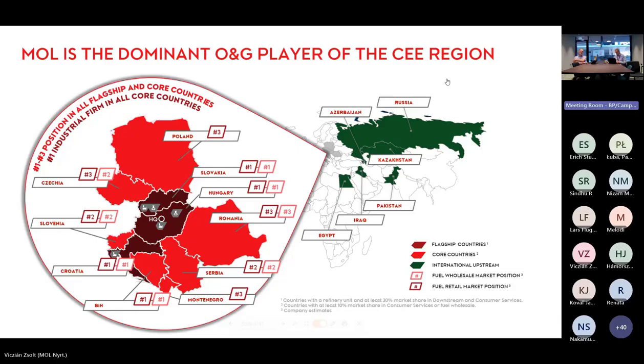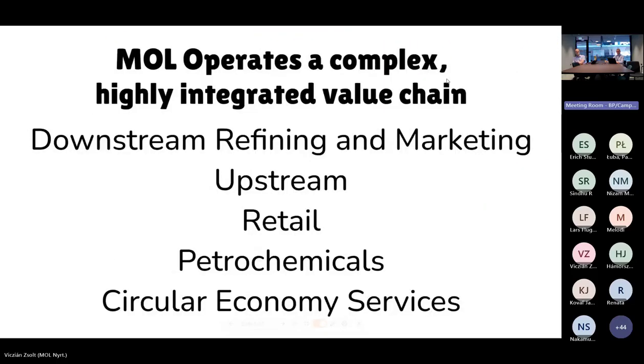As you can see, MOL stands for Hungarian Oil. So the headquarters of this company is in Hungary, Budapest, but regionally we have larger teams in Croatia and Slovakia, but then in all of these countries around. So that gives you an understanding in terms of the geographical size of the business.